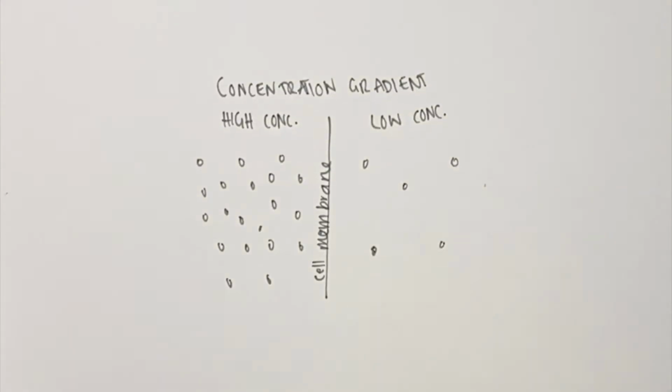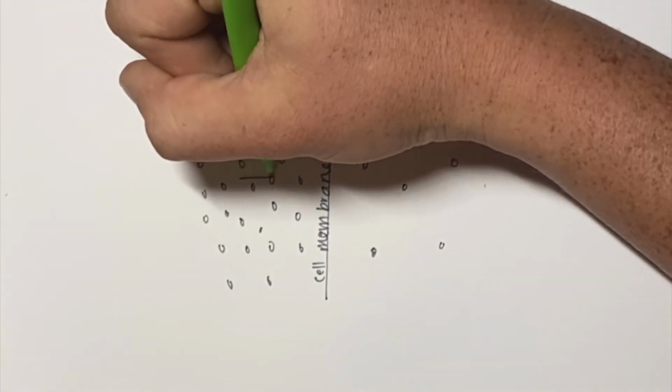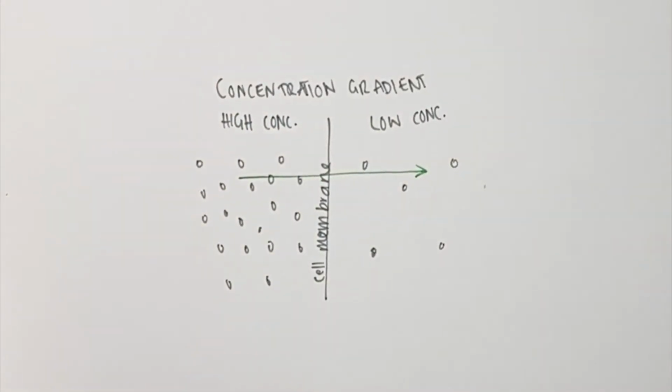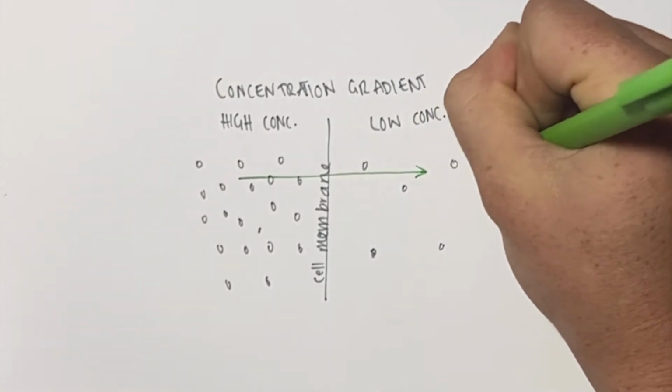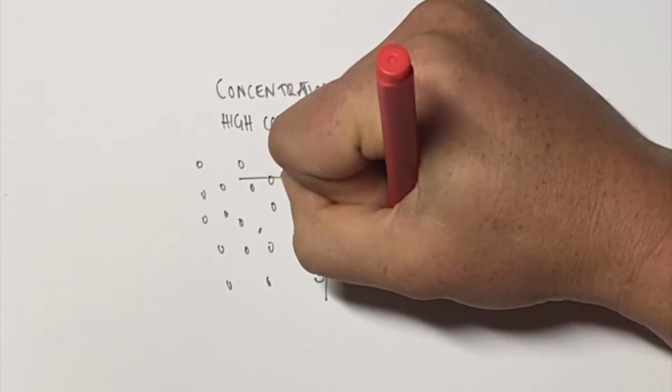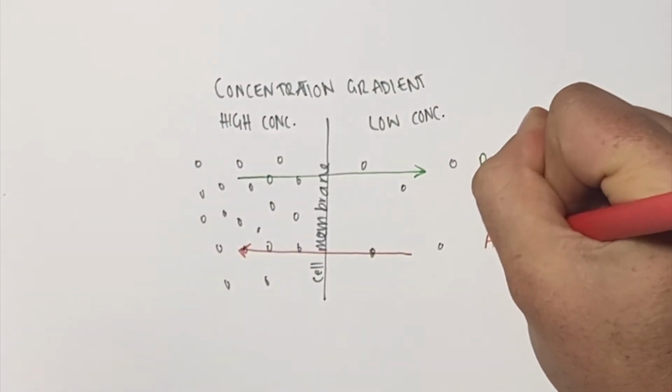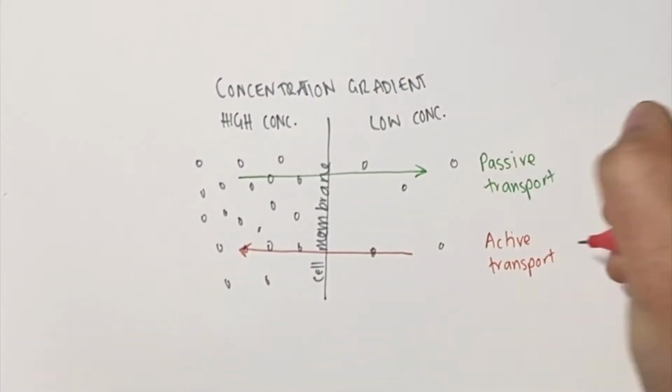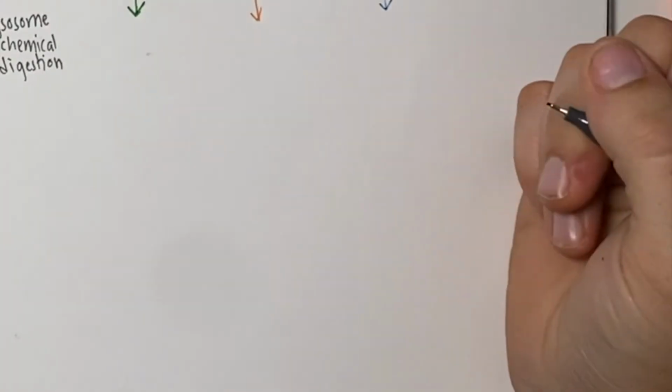Now let's look at the concentration gradient. On either side of the cell membrane there is going to be a higher or lower concentration. With the concentration gradient, going from high to low, that's passive transport, whereas from low to high, that will be active transport requiring energy.